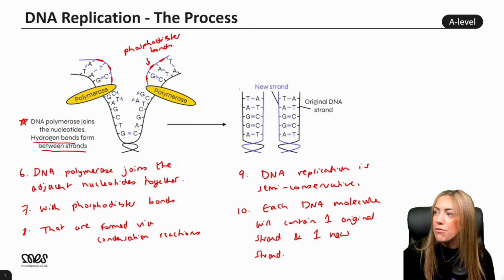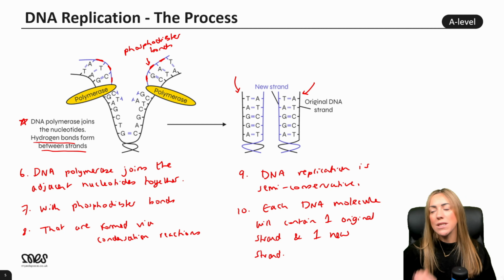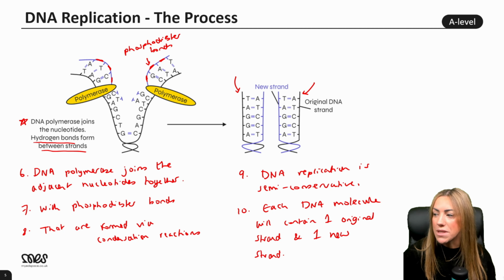Because you can see the original strands here in black, and they were the strands that both act as templates. And then you can see in the middle in purple, the new strands that have been joined together with those phosphodiester bonds using DNA polymerase.